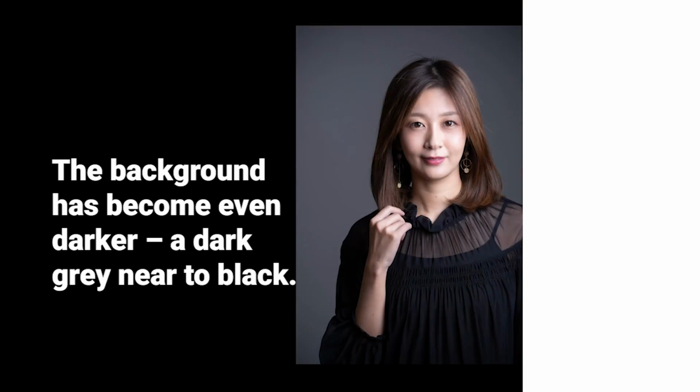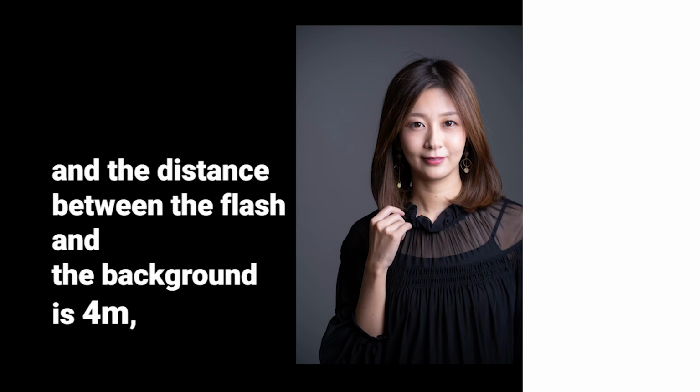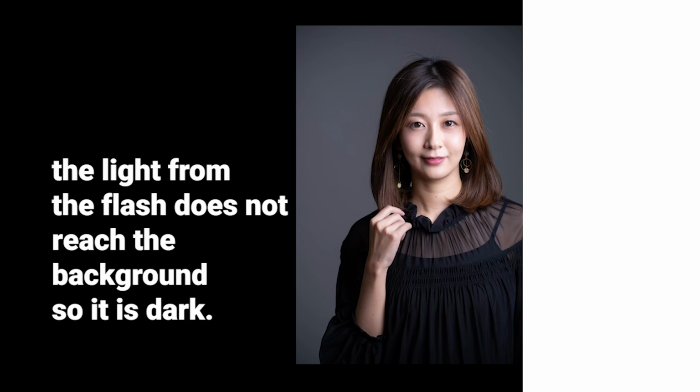The background has become even darker, a dark gray near to black. Because the distance between the flash and the person is 50 centimeters and the distance between the flash and the background is 4 meters, the light from the flash does not reach the background, so it is dark.